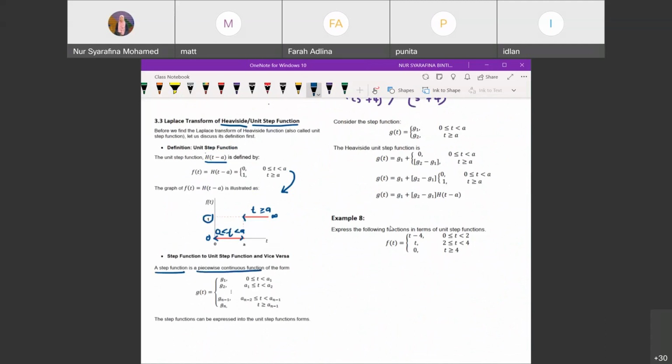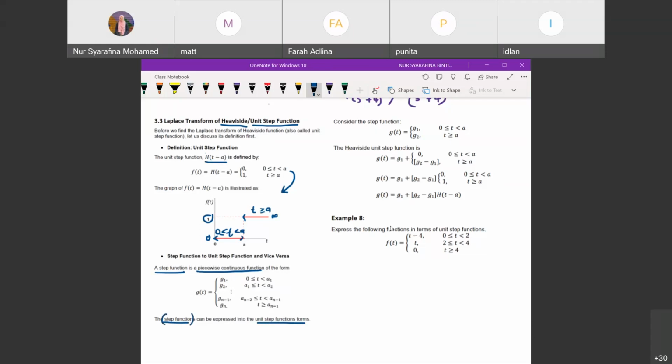Instead of transforming the piecewise function one by one as you did in the previous example, the step function can be expressed in terms of the unit step function. Previously we transformed a piecewise function by using the definition, but now you know this piecewise function is also called a step function.